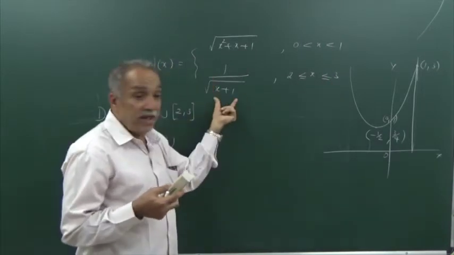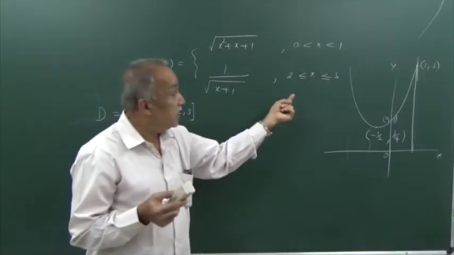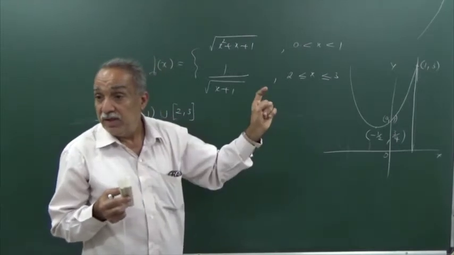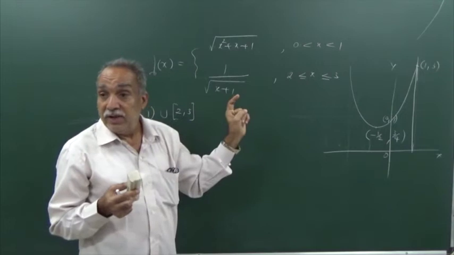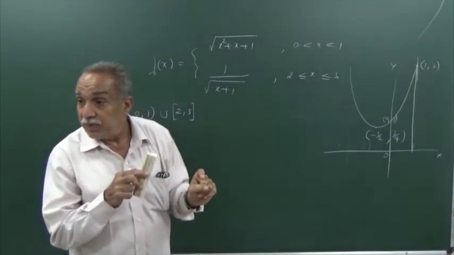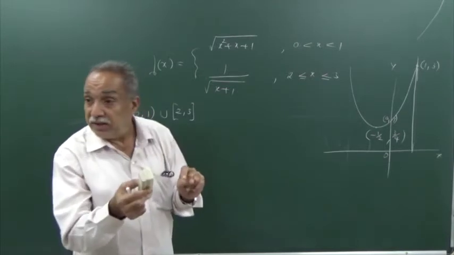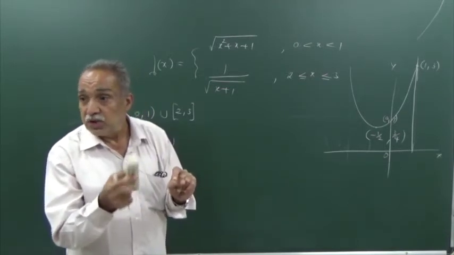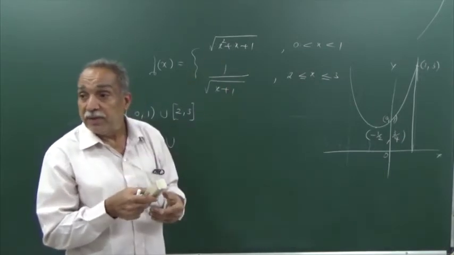X plus 1 takes the values between 3 and 4 as x varies from 2 to 3. Agree? Therefore, root of x plus 1 will vary from root 3 to root 4, that is 2. When you apply reciprocal, what will happen?